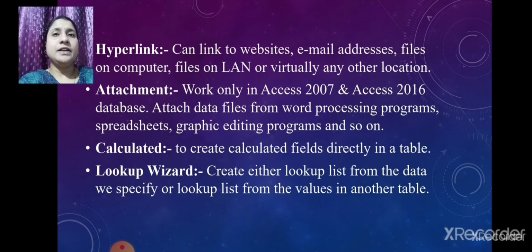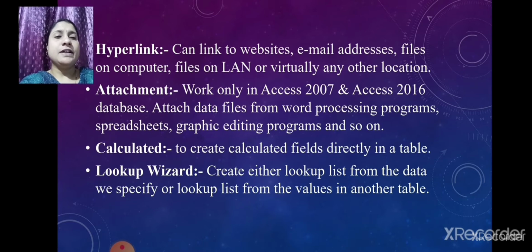Then hyperlink, you can link to a website, email addresses, files on your computer, files on the LAN or virtually any other location. Like HTML we have seen, so like this you can also create a hyperlink here. The next is attachment, which works only in Access 2007 and Access 2016 databases.